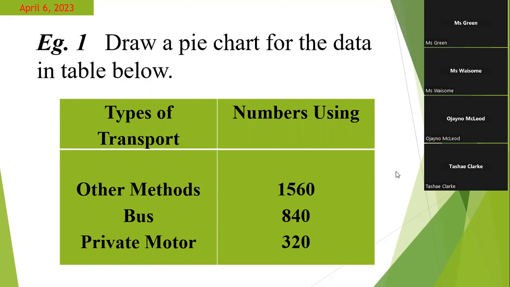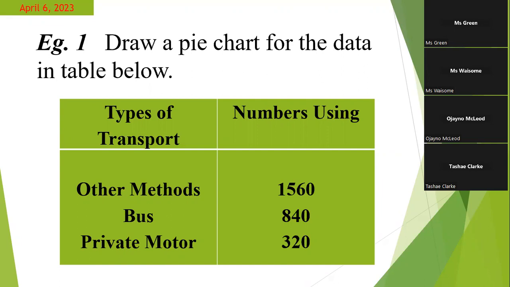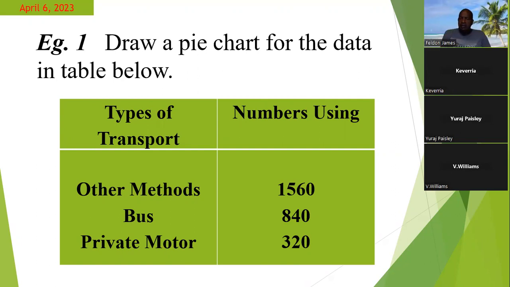Mr. Ajeno, when you said divide them, what does that mean? By 360. You sure that's what you want to do? All right. Miss Clark, how would you calculate the angles of the sectors representing the data?